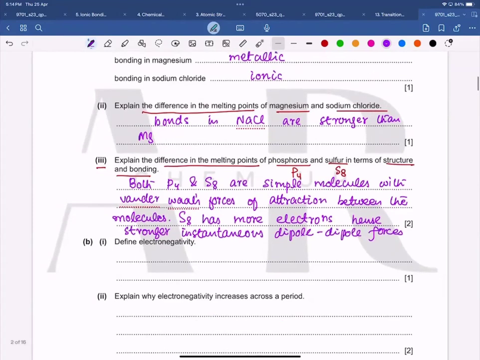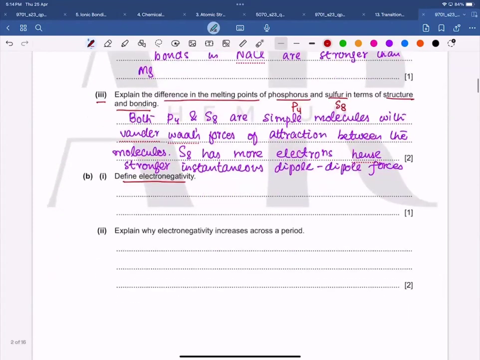Okay. Now define electronegativity. Again, David. Very good. To pull or attract the electrons. The ability, or you can say the power, of an atom to pull electrons towards itself.